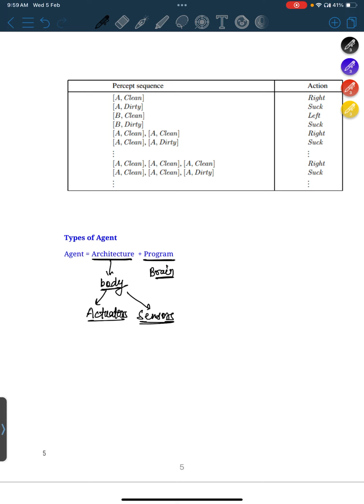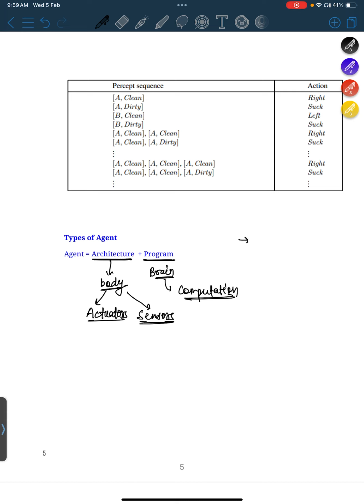And then this is the brain or program part, the computer, which does all the computation to come up with the appropriate action to take. So based on this program, how we architect, the architecture of the agent can be divided into four categories or four types.